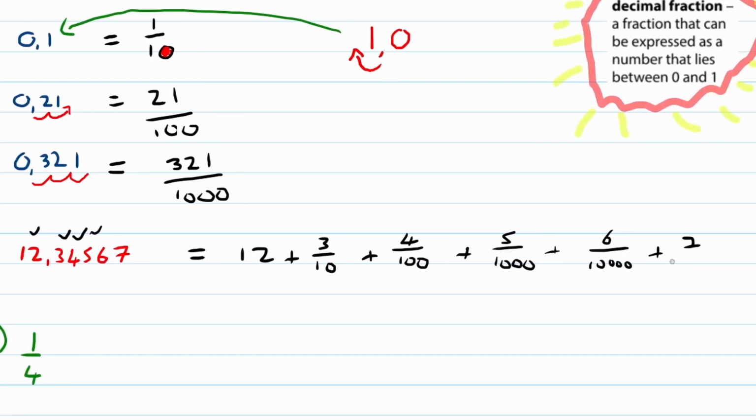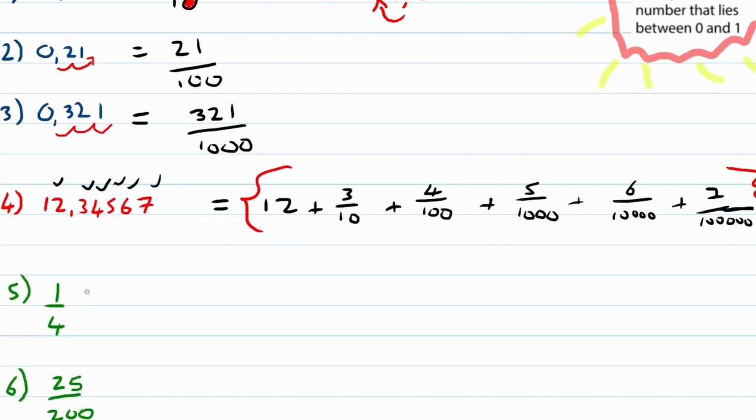And the 7 over 100,000, because it has to move 1, 2, 3, 4, 5 spaces. So this number, the sum of these fractions, is equal to 12.34567. So this just helps you to get understanding of how it works.